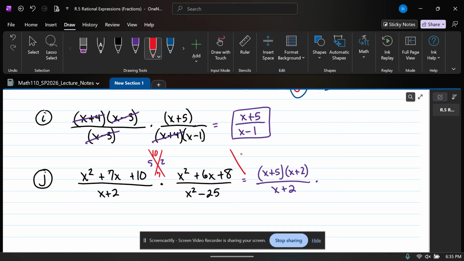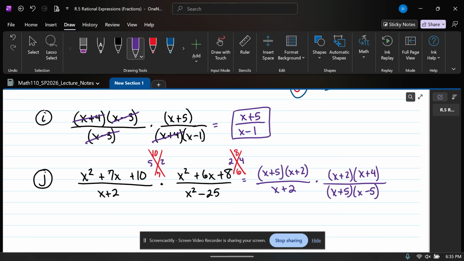We're multiplying to be 8, adding to be 6. 2 and 4, so that's going to be x plus 2, x plus 4. Okay, the denominator of that fraction. Yeah, it's a difference of squares. We've seen that a lot. x plus 5, x minus 5. Whichever way you want to write that, it doesn't matter.